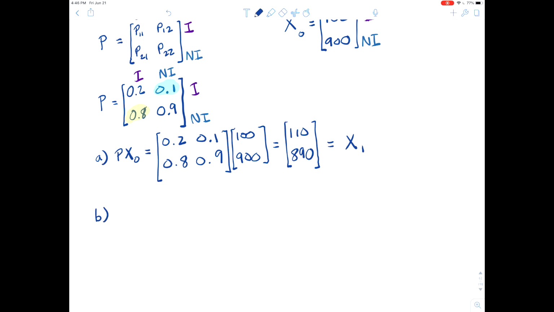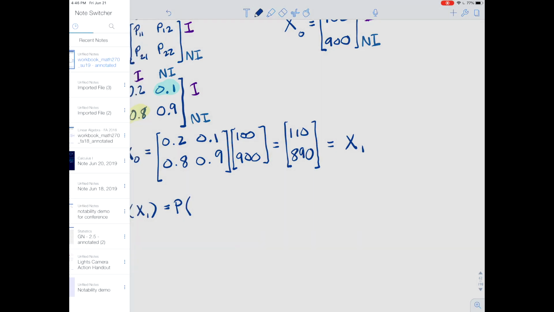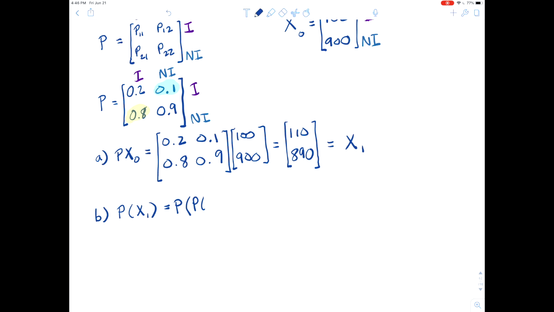Okay. Now if you keep going on this, let's do part B. Part B is saying, hey, what about the next week? Well, you'd have P times x1, right? But isn't that equivalent to P times quantity P times x0?